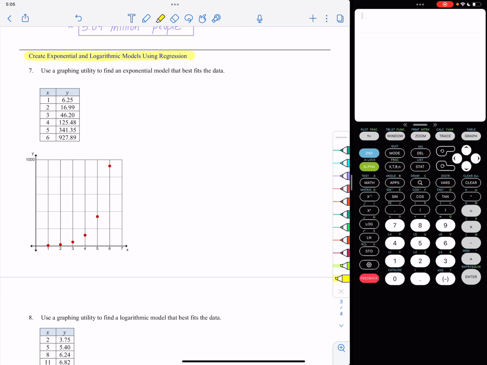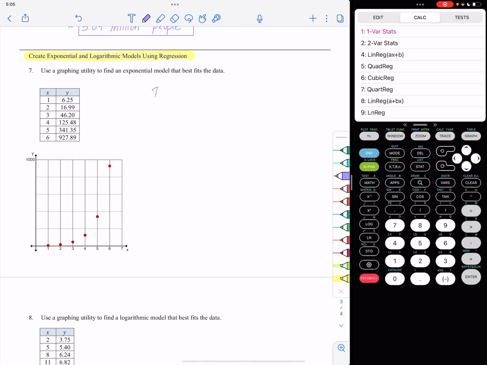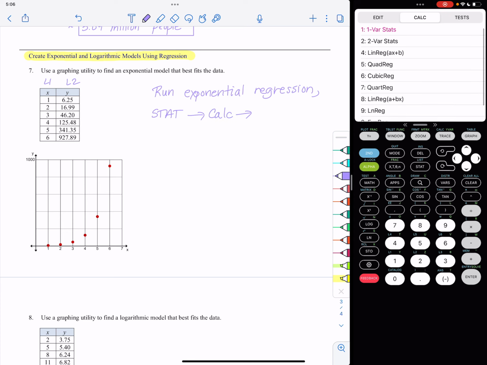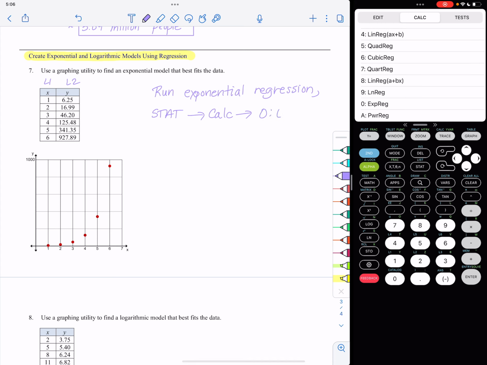Now we're going to press the Stat button, and we're going to arrow over to Calculate. So to run Exponential Regression, and of course this is an L1 and L2, we're going to press Stat, arrow over to Calculate, and then we're going to choose Exponential Regression, which is the number 0.